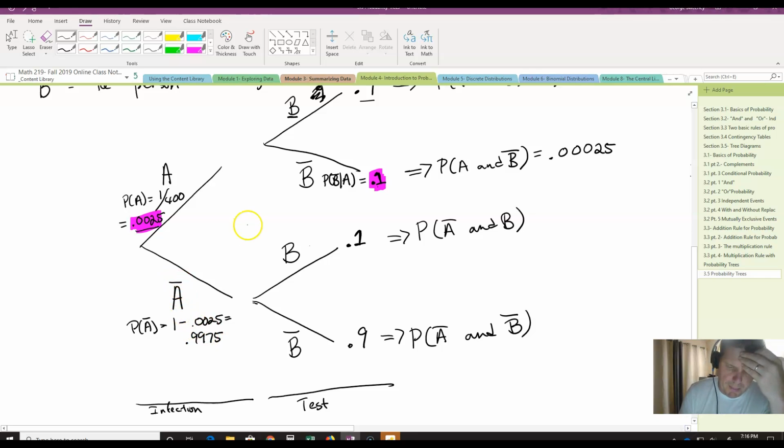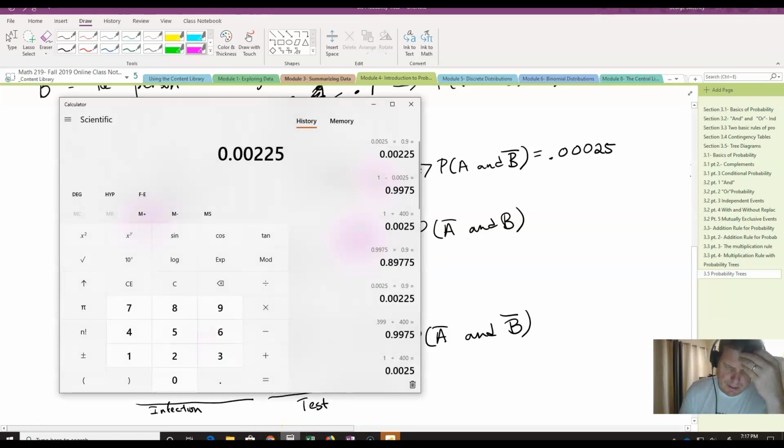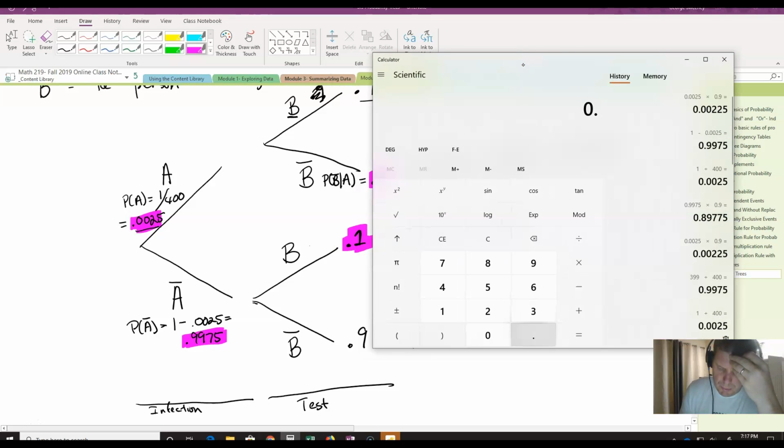Next, I'm going to figure out the probability that I'm going to have not A and B. So what I'm going to do is multiply this guy here by this. I'm going to multiply the probability of A complement times the probability of B given A complement. So the probability that you do not have the virus times the probability that you will test positive given that you don't have the virus. Okay? So that's going to end up being 0.9975 times 0.1, and it's 0.09975.